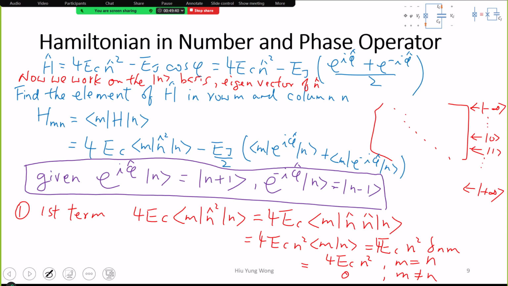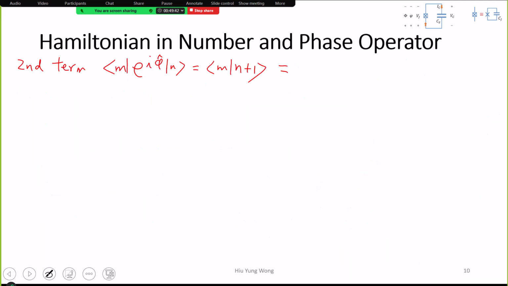Something like before. What are the possible values? 0? Okay. I mean, the probability will be 0 or 1, right? So it is like what you say, it is 1 when m equals n plus 1. Otherwise, this is 0.